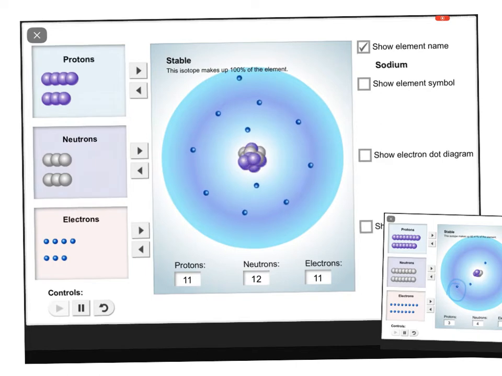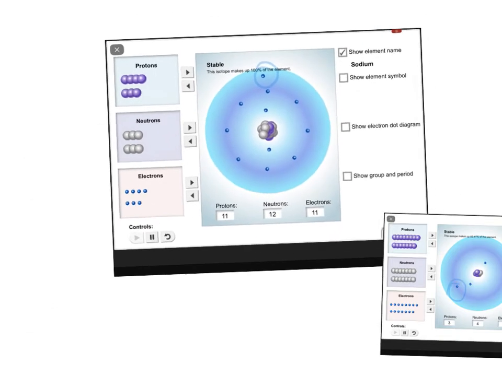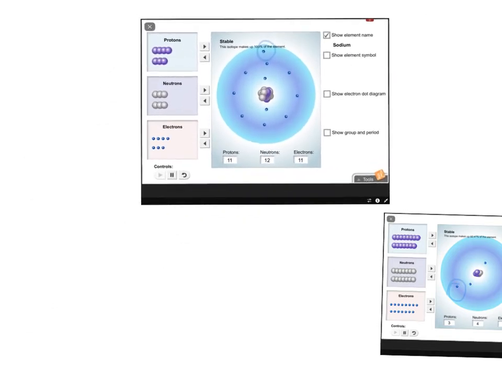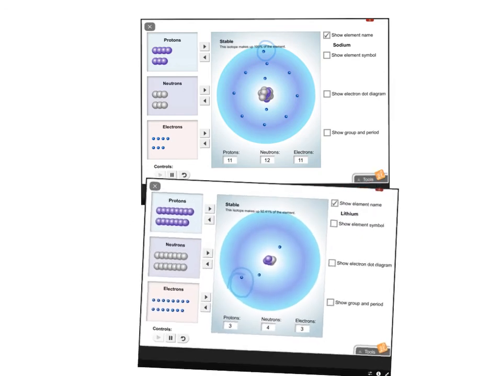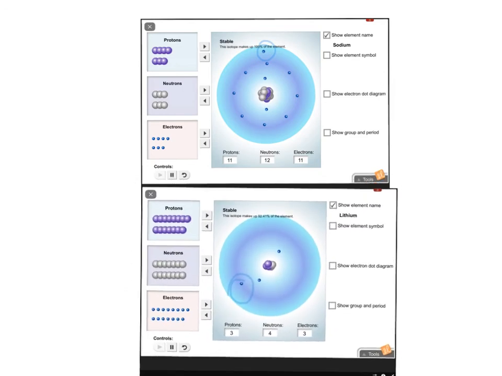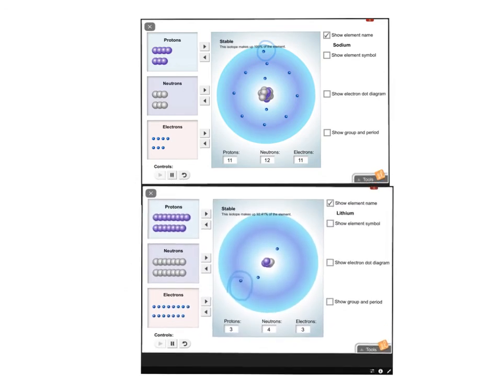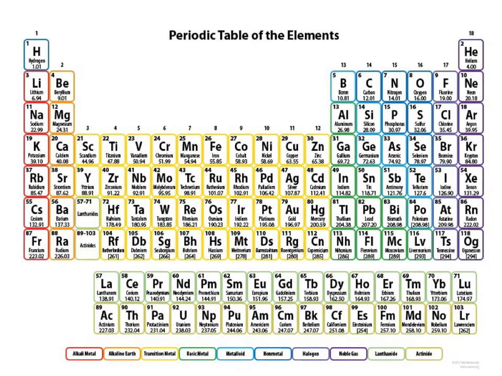Well, if we look at the electron that is out here, that is the farthest from the nucleus of the atom. There is only 1. So we have these 2 elements, sodium and lithium, that both have 1 valence electron.